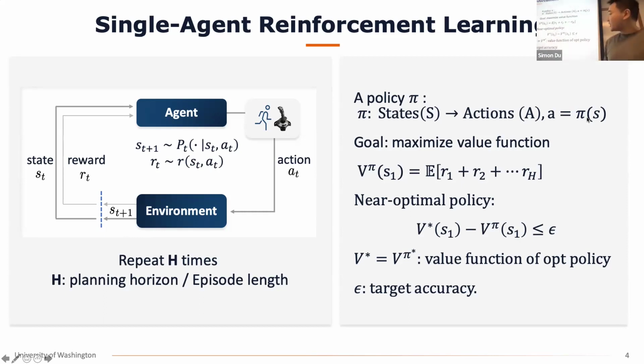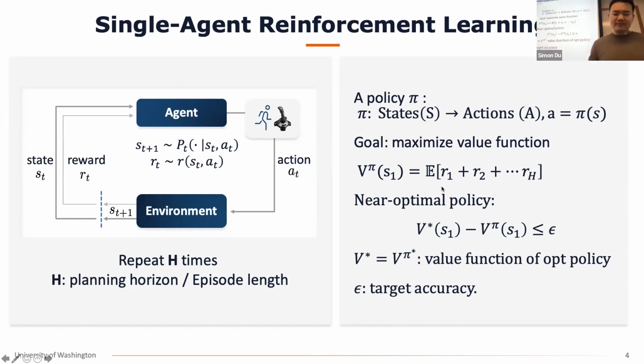The goal of this agent is to maximize the value function, or basically the total reward this agent can receive throughout the trajectory. Since there will be some randomness, it's an expectation over all the randomness in the environment. So the value function of the initial state s_1 is just the total reward throughout the trajectory.